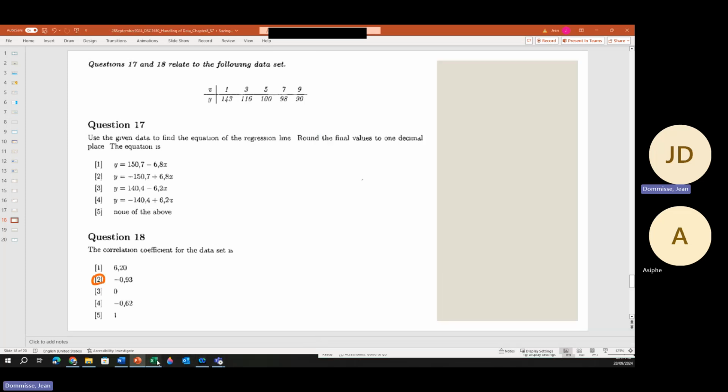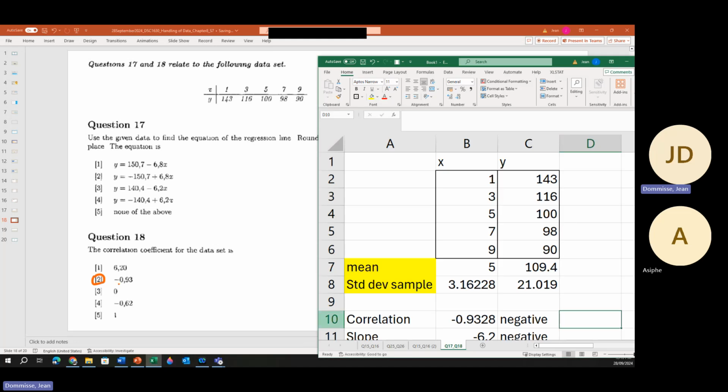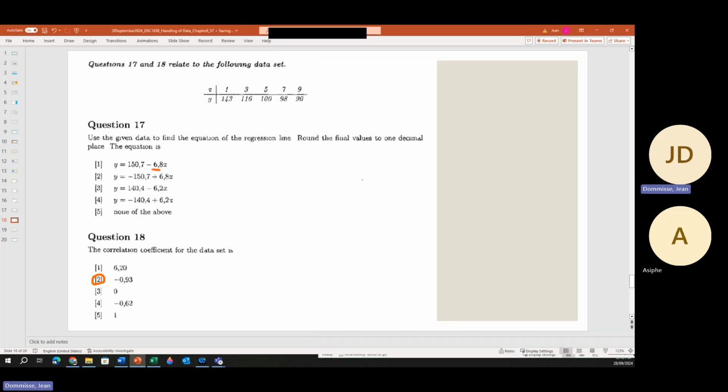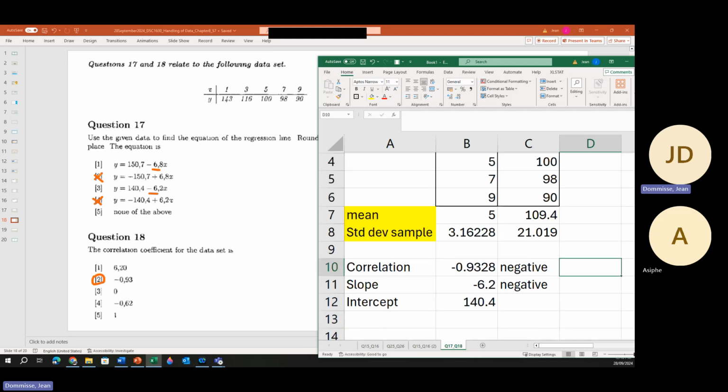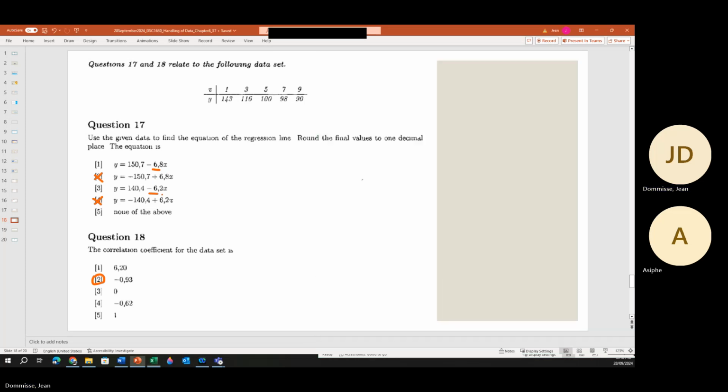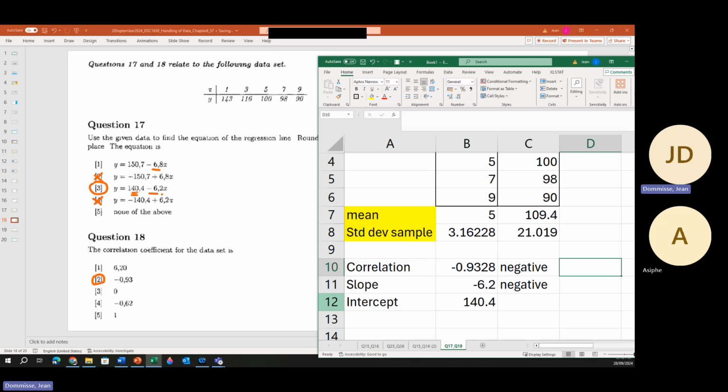Because the correlation is negative, we know that the slope must be negative. So that one can be, that one can't. Even before we look at the options, we can eliminate some already. When we look at the slope, minus 6.2, which is option 3, and then just to make 100% sure, we look at what the intercept is, and that is also correct.